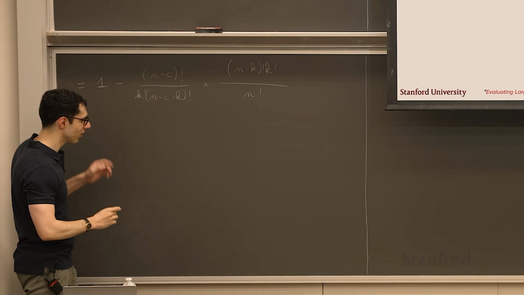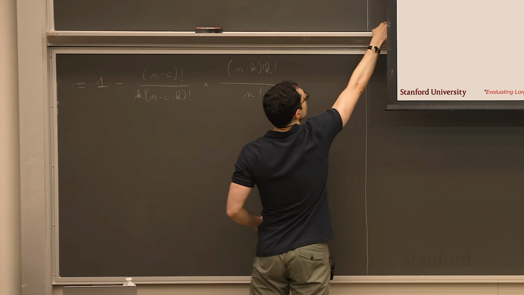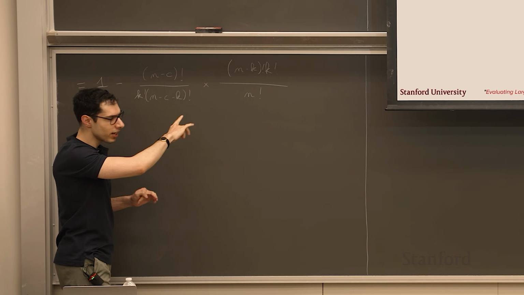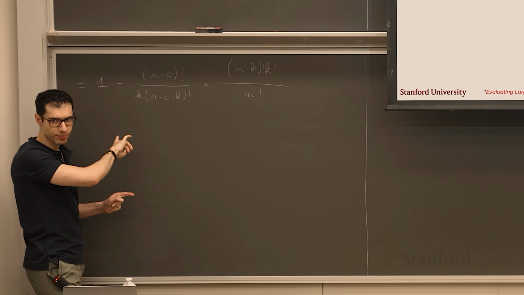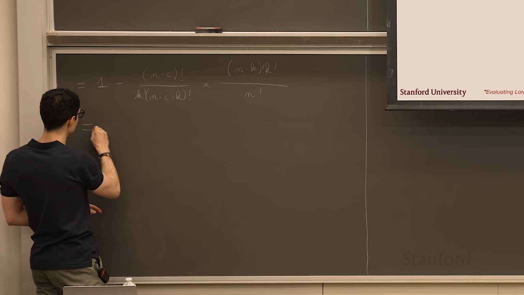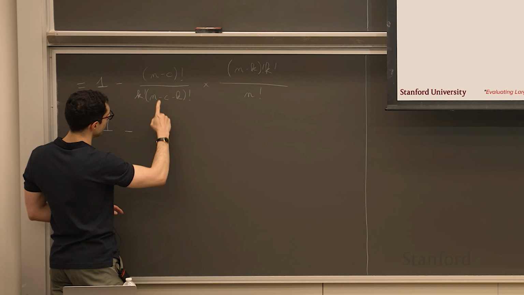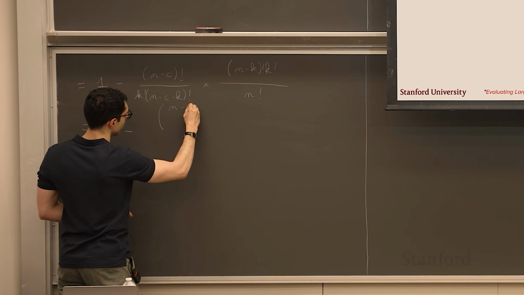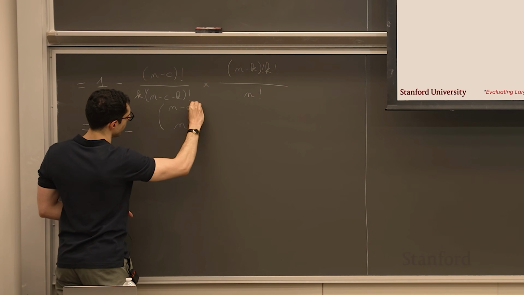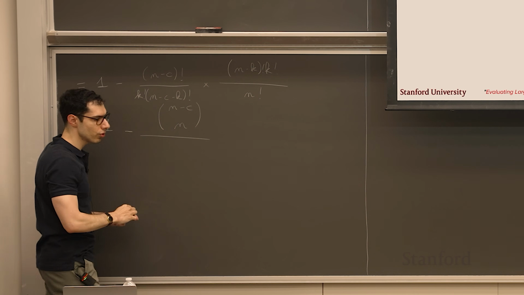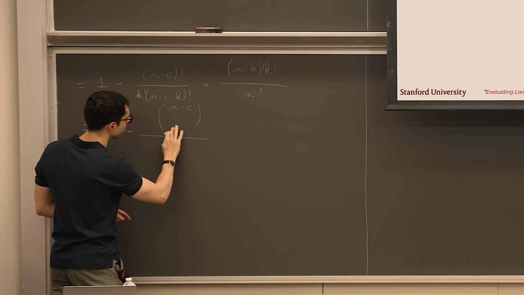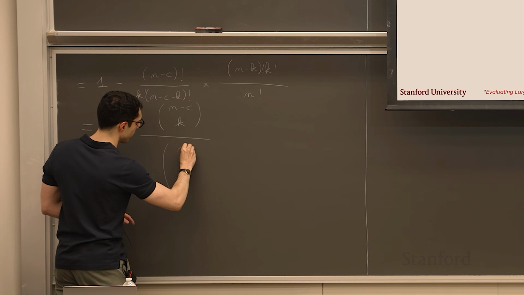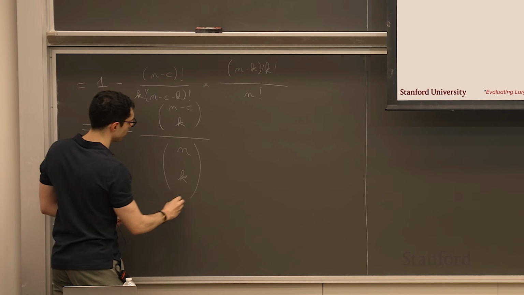So here I did a trick. What I did was I basically multiplied the numerator and the denominator by k factorial. And so here I have 1 minus, so this is n minus c choose k over n choose k.